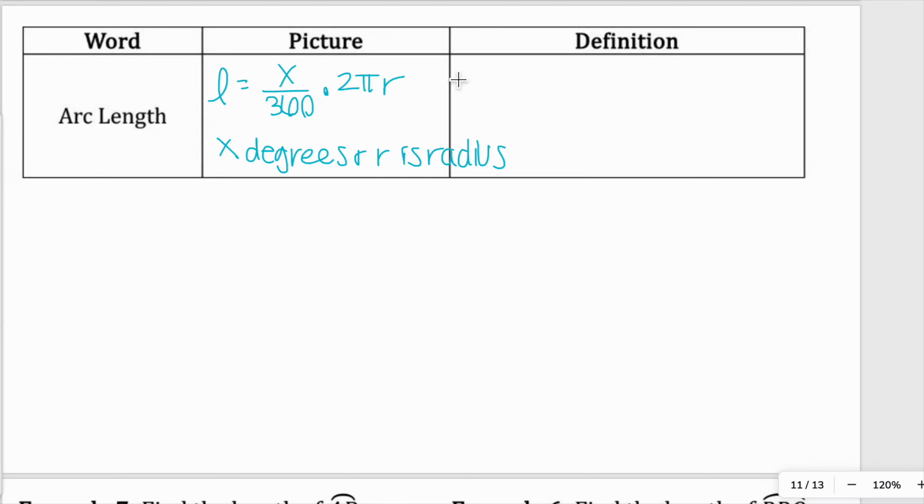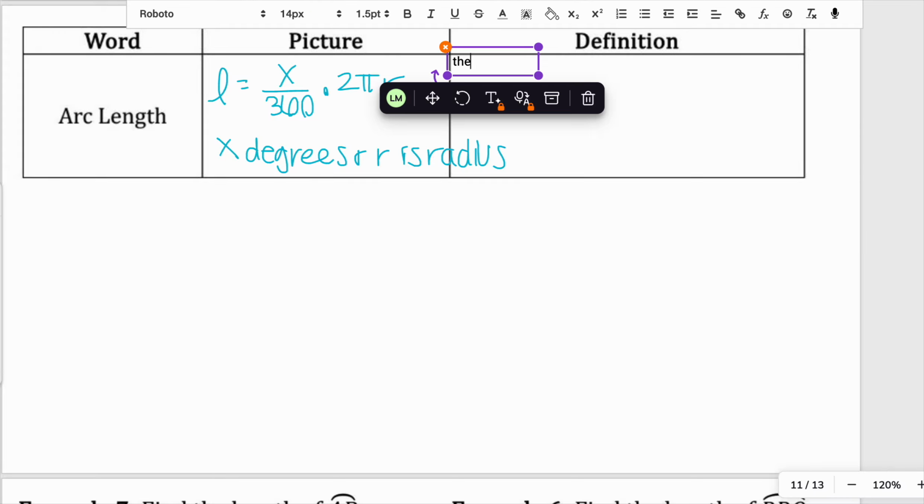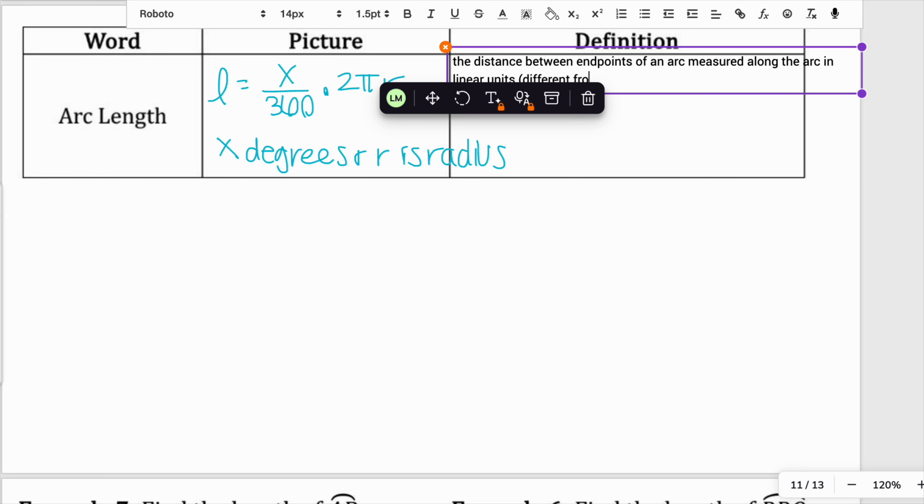So that definition we will fill in as the following. The distance between endpoints of an arc measured along the arc in linear units, different from degrees.